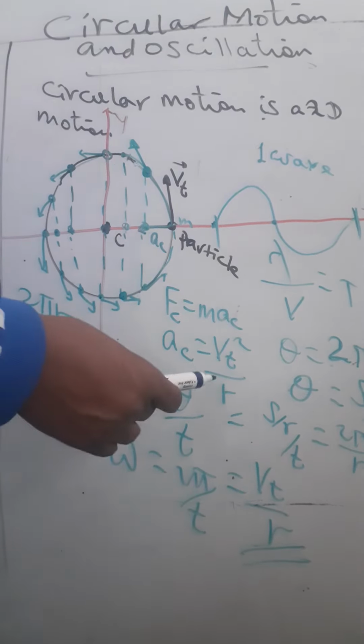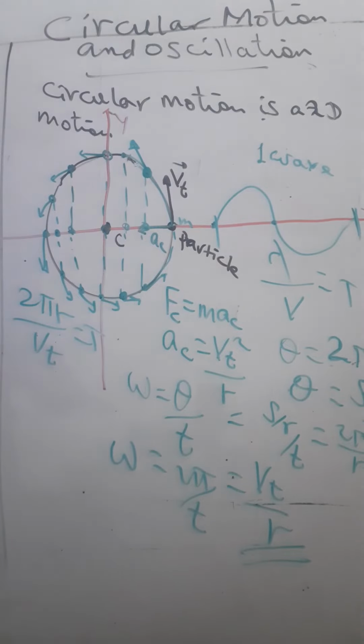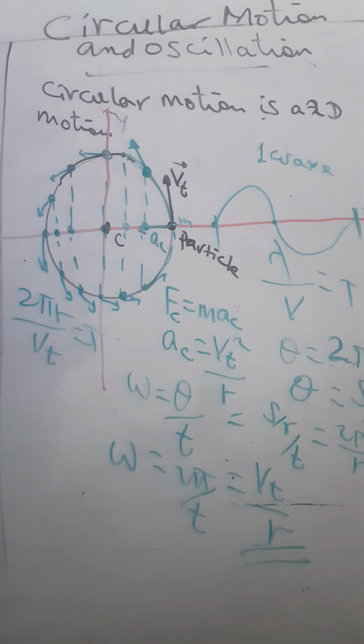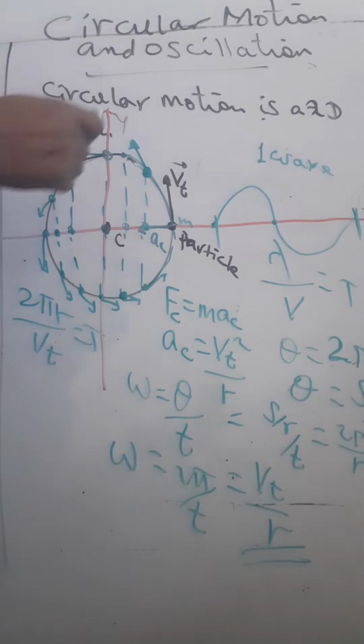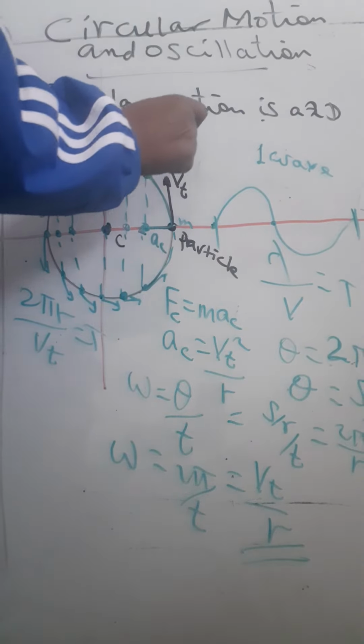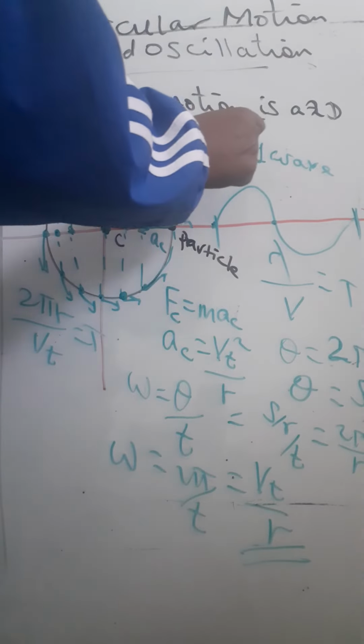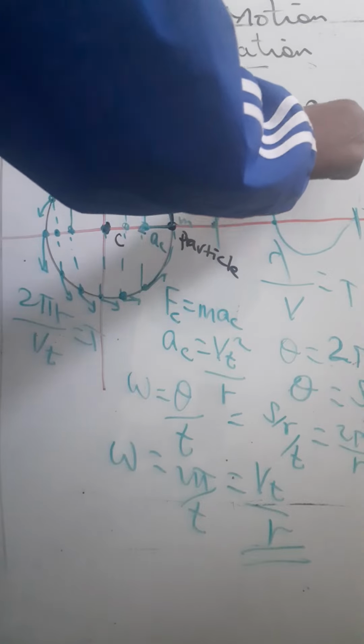So there is a relation between tangential quantities and rotational quantities. That relation basically starts with the definition of theta in radian measure. In radian measure, when s is equal to r, the arc length is equal to r, theta is 1 radian.